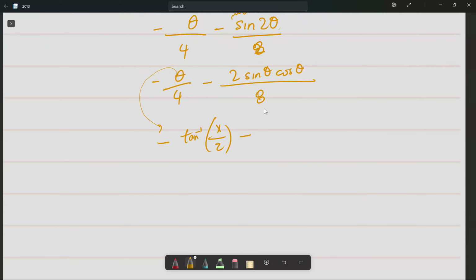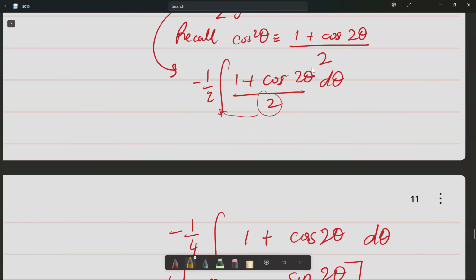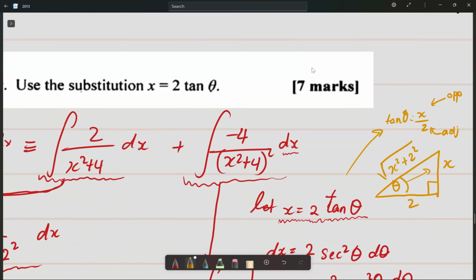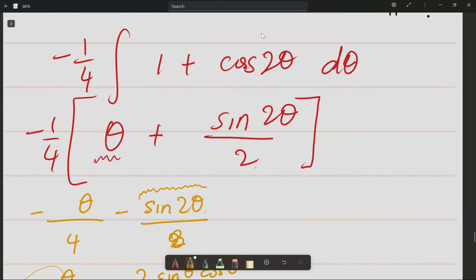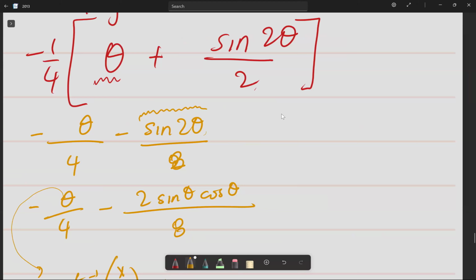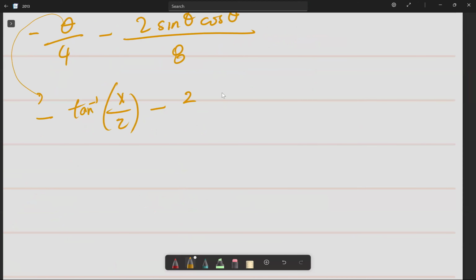And we have sine and cosine we need to find. Sine is opposite over hypotenuse, so sine is x over the square root of x squared plus 4.